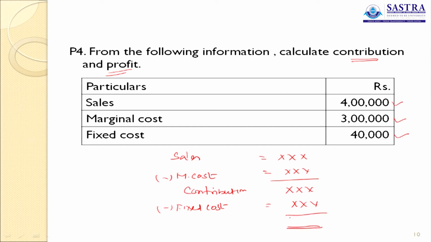The balance is profit. But here they ask you to find out contribution as well as profit. So first you prepare one marginal cost statement. This statement is called the marginal cost statement. First you prepare one marginal cost statement based on the information given. Automatically the answer will come.